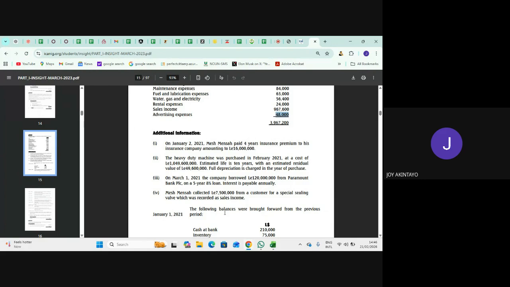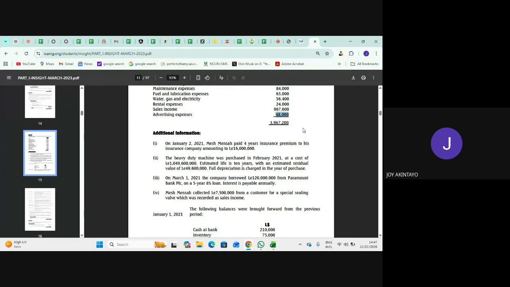The estimated useful life is 10 years, with a residual value of 49,600. So we are to charge depreciation for the whole year.